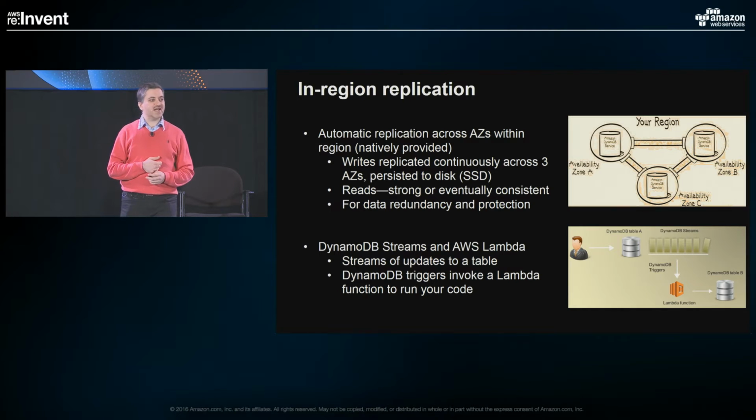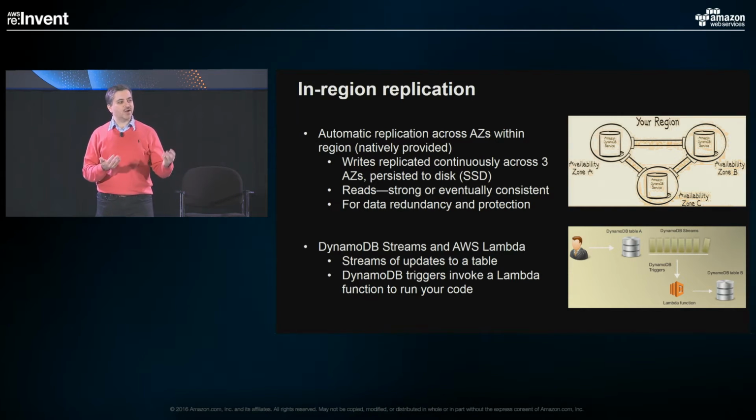So by way of AWS Lambda, Lambda can easily be invoked or triggered based on the updates that are made to the primary table.